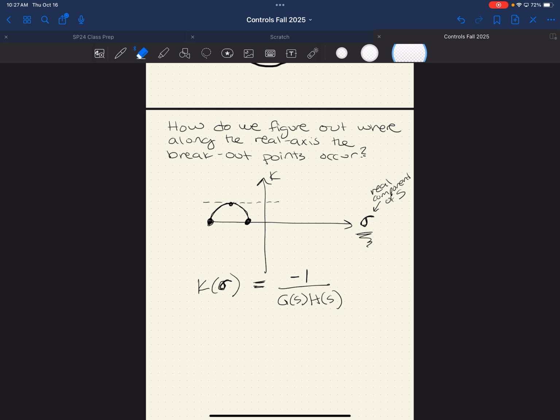So this is really like K of S. But if I plug in only real values of S, I get K of sigma equals minus 1 over G of sigma, H of sigma.